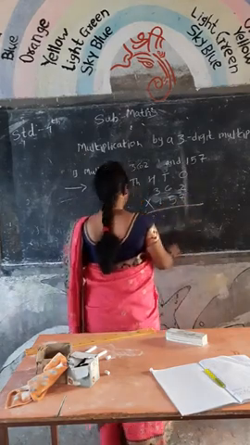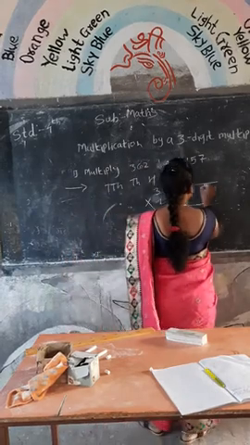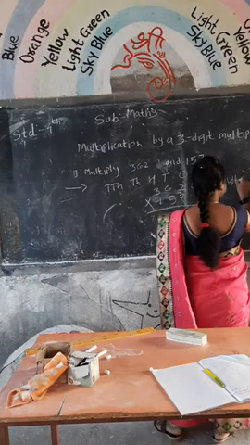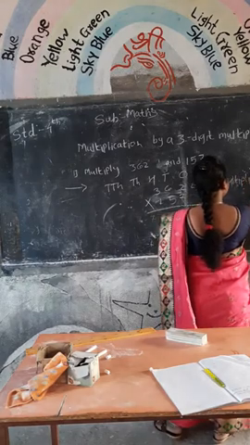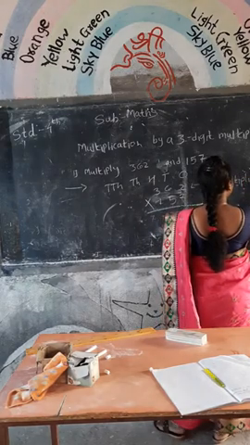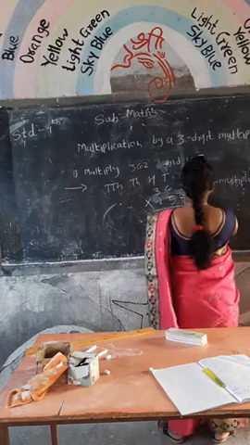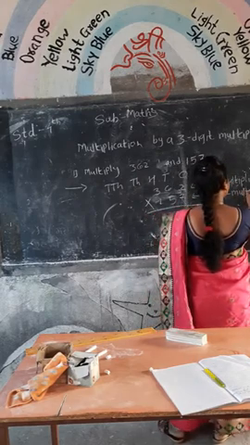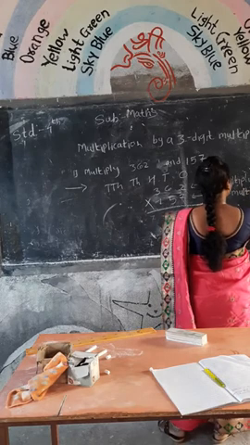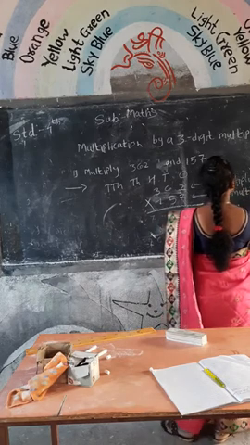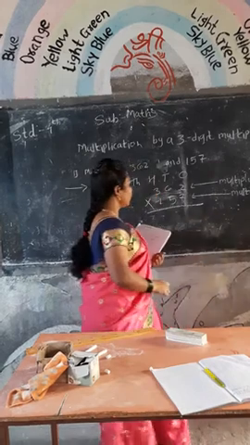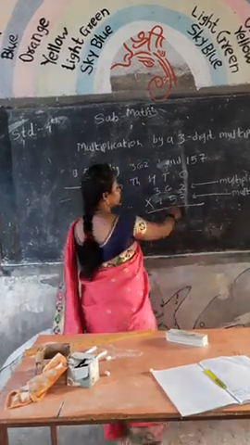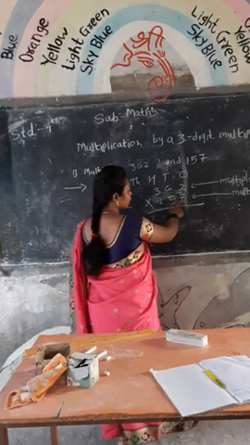Then this is the multiplicand. This is the multiplier. Then first multiply with the ones place digit, the multiplication starting from the ones place digit.